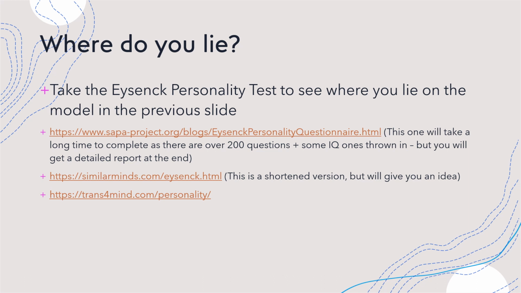So if you take that Eysenck personality test, here's a few different ones. You know, there's one that I did, and once I started, I couldn't go back, but it had over 200 questions. It was quite full on, the things they ask you. They also ask you the same kind of question in a different way, and it's not to trip you up. It's just to see if you are coming out with the same type of answers, to make it a bit more sound.